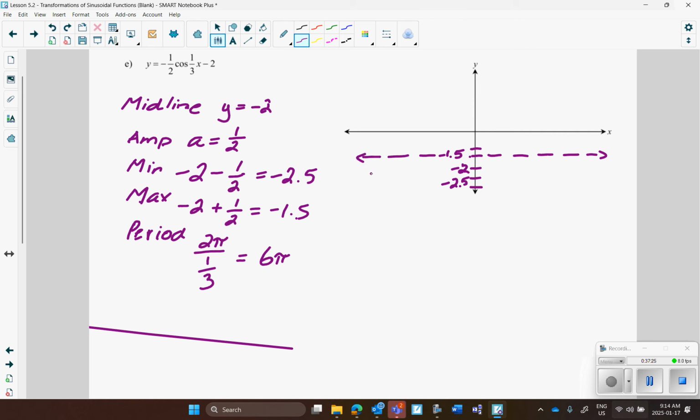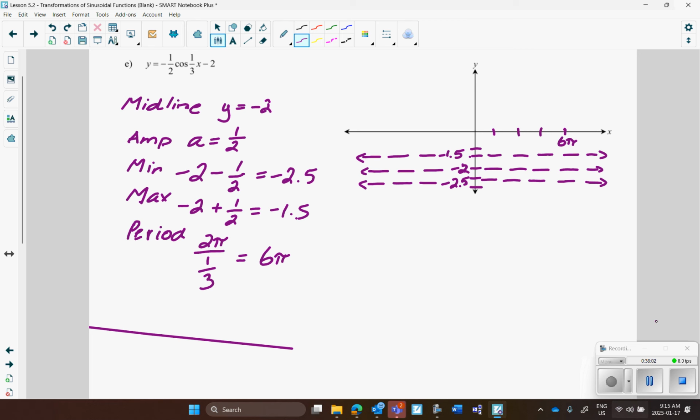There's the max. There's the mid. And period. 1, 2, 3, 4, and that's 6/5. No shifting, so I don't have to worry about finding the value of the other notches. Okay.